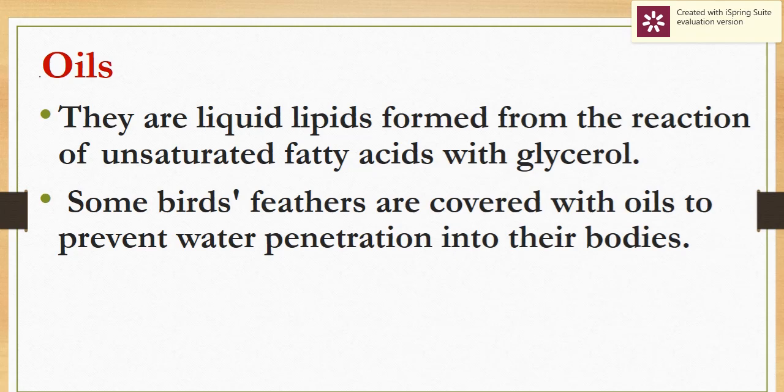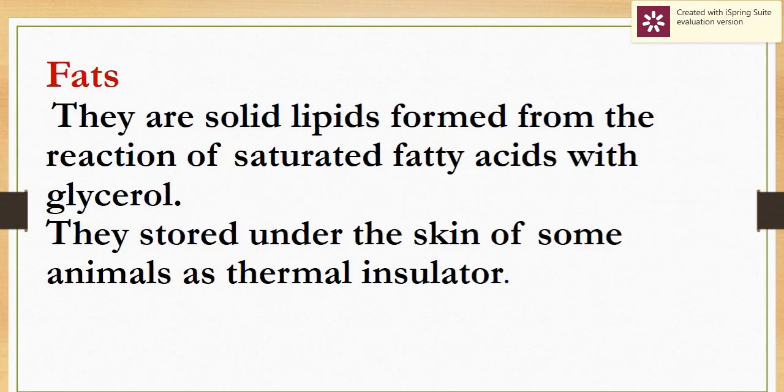When water enters their body, it hinders their movement. So it is a layer for protection. So the first type of simple lipids are liquid, which are oils. They are formed of unsaturated fatty acid.